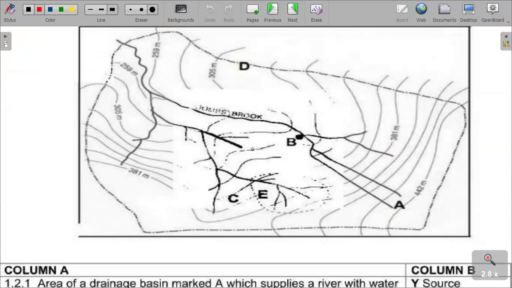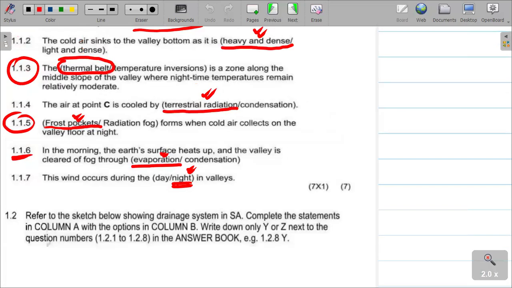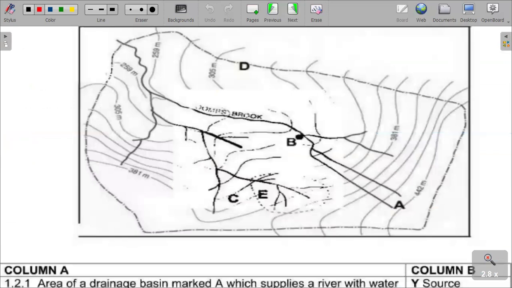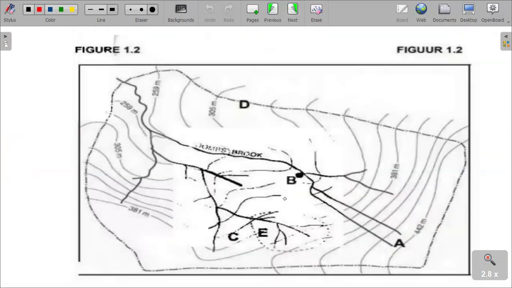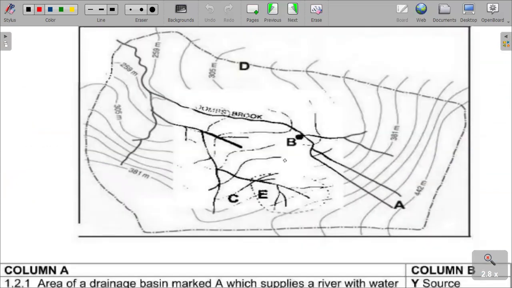Like I said, you should understand that we are looking at a drainage system in South Africa. So in that regard, we are given the catchment area, the streams that are there, and some forms of drainage, some river system.